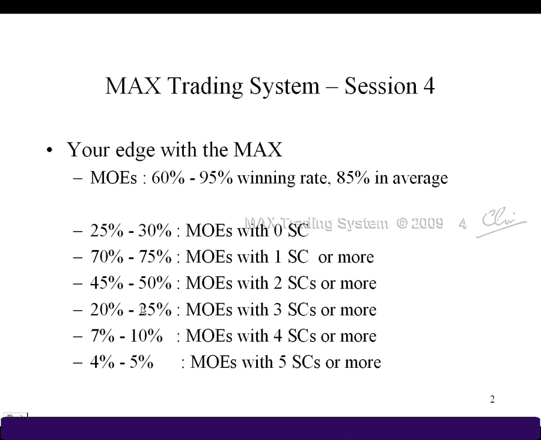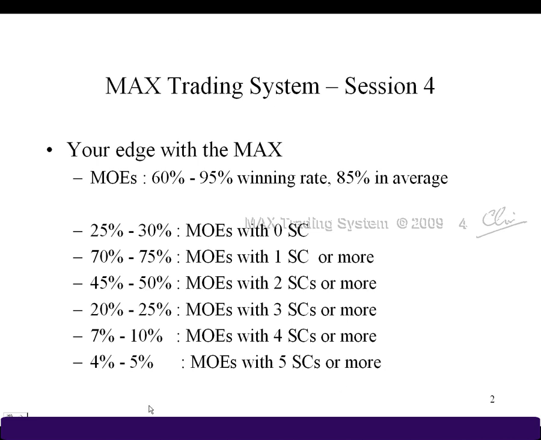You have approximately 50% of the modes with two scalings or more, 20 to 25% with three scalings or more, approximately 8 to 10% with four scalings or more, and about 5% with five scalings or more.